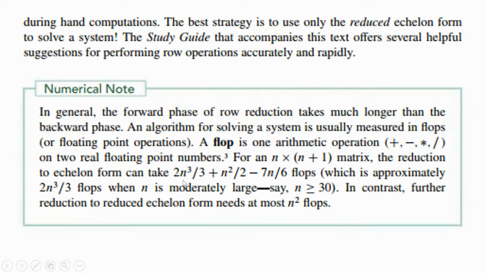This is what people in computer science and other sciences are very interested in with algorithms: how long does it take to do? And this is the number of operations it takes. In contrast, further reduction to reduced echelon form needs at most n squared flops.